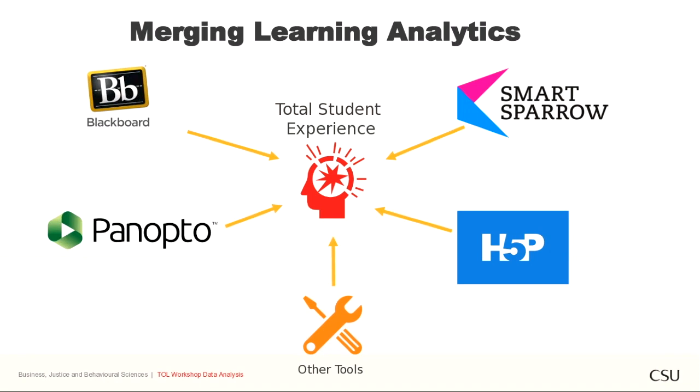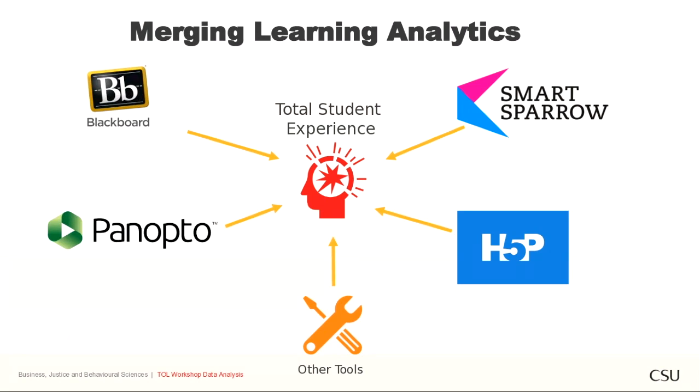I'm trying to see the total student experience in what we're doing. That's what I look forward to working on with Ian, Stewart and others across the university: how do we bring all of this information into a single story of student experience? That is where I am now.